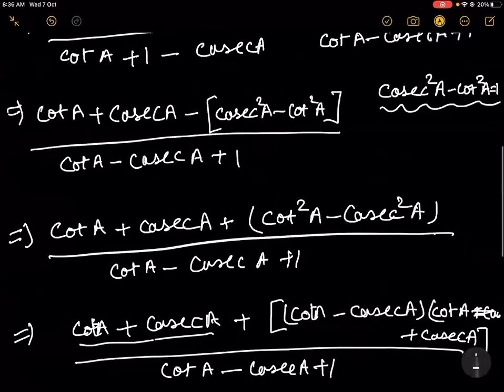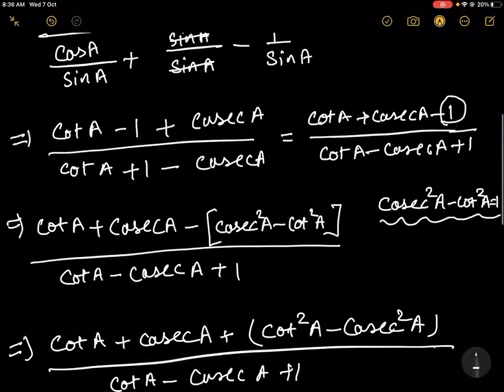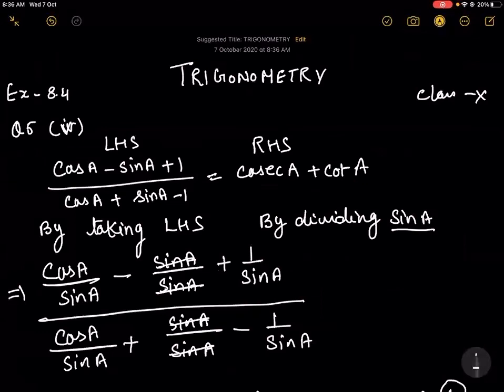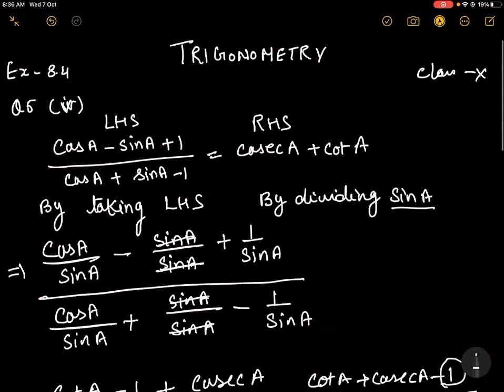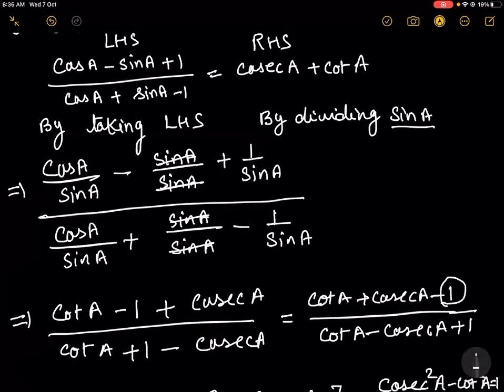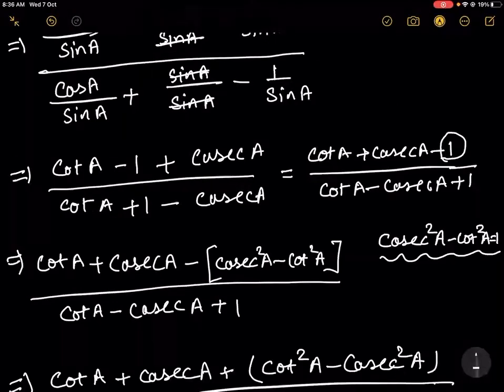Again I am repeating this question. First of all, try to convert cos A and sin A in the form of cosec and cot by dividing the whole question by sin A. When we divide it, we get it in the form of cot and cosec. Instead of 1, we put the identity cosec square A minus cot square A is equal to 1.